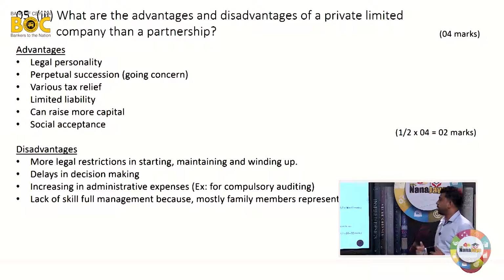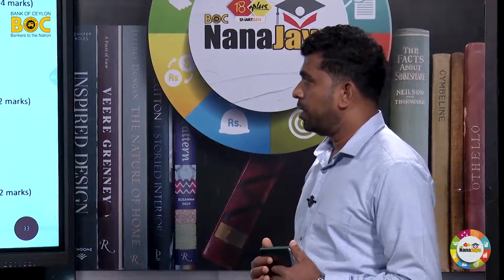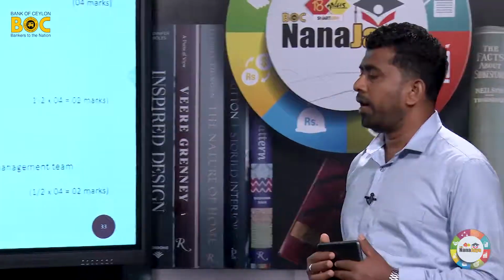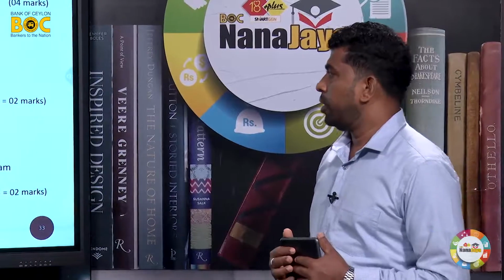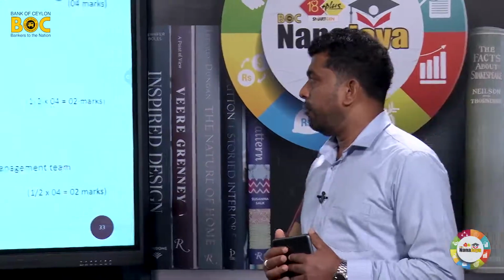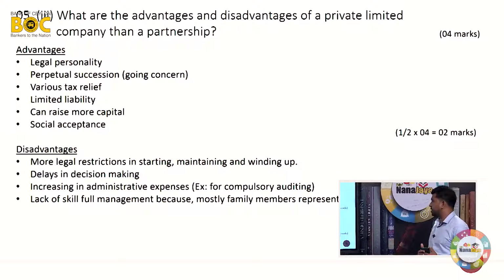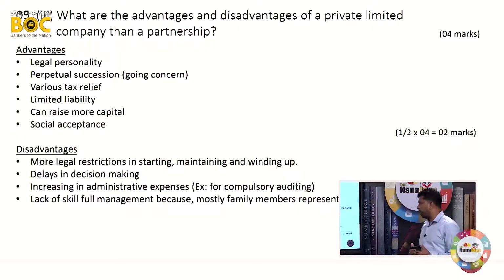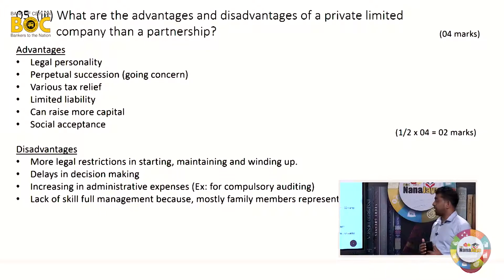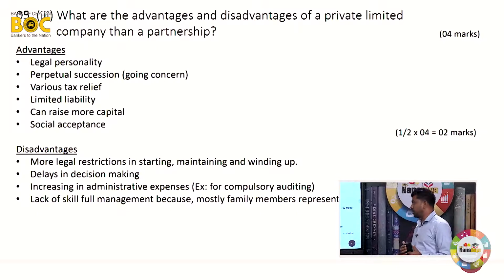And these disadvantages can be noticed in private limited companies. More legal restrictions in starting, maintaining and winding up. This is a legal person, so there's a very big amount of rules and regulations around a private limited company. Delays in decision making. Here there's a director board, so decision making will be slow.